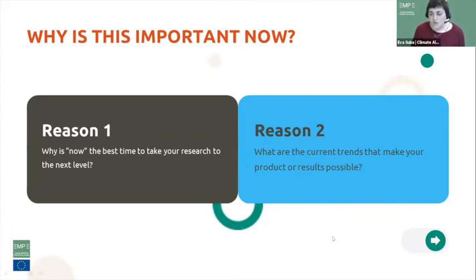So you will need to be able to show why now is the best time that your solution to the problem you presented needs to be financed, let's say, or you need to be backed or need to be listened to. It is very good for you if you know what the current trends are, what is out there, other than your research, of course, that supports your research endeavor.